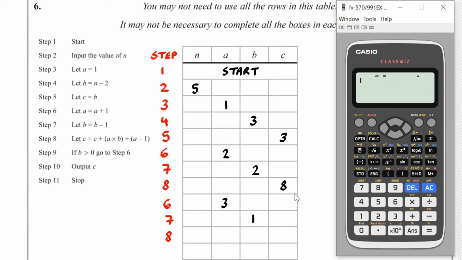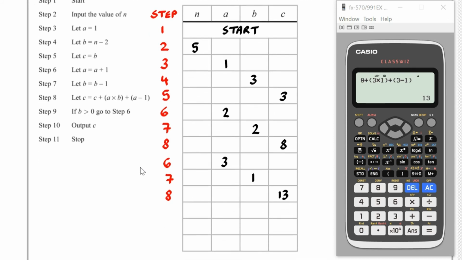So we've got c, which is 8, plus a times by b, so we have 3 times by 1, plus a minus 1, so we have 3 minus 1. It turns out we get 13. Our 9th step is to question whether b is greater than 0. And if it is, we go to step 6. So we can see the 1 is greater than 0. So we go back to step 6.